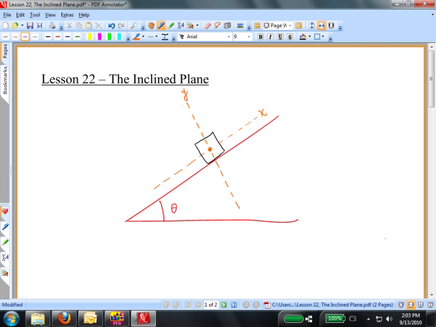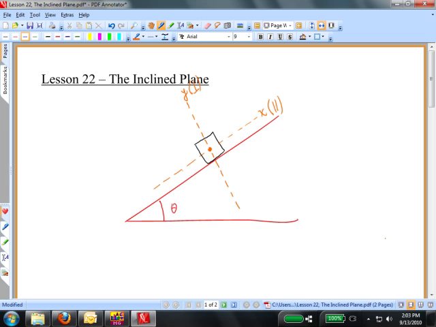So you'll see me referring to the parallel component of force or the perpendicular component of the force. The parallel part means the part parallel to the incline, and the perpendicular part is the part that's perpendicular to the incline. Now let's sketch the forces acting on this box.